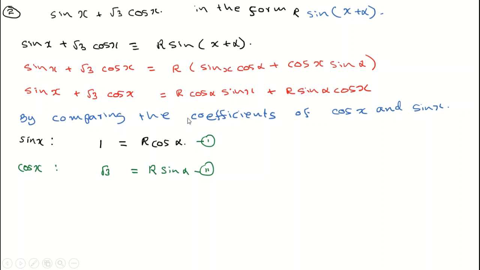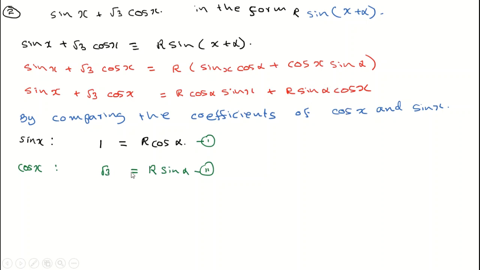By comparing the coefficients of cos x and sin x in this case also: the coefficient of sin x on the left hand side is 1, and the coefficient of sin x on the right hand side is r cos alpha. So 1 is equal to r cos alpha. The coefficient of cos x on the left hand side is root 3, and on the right hand side it is r sin alpha.